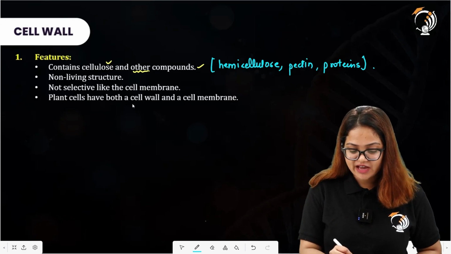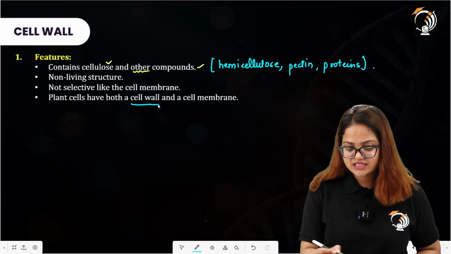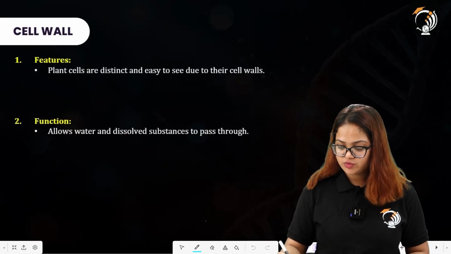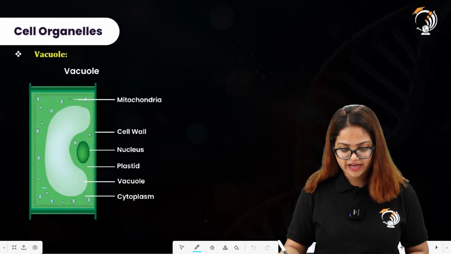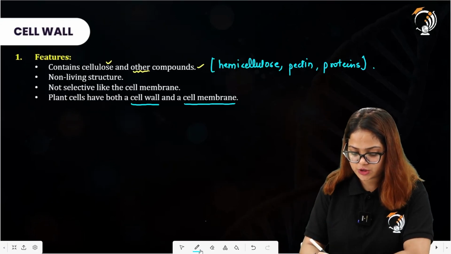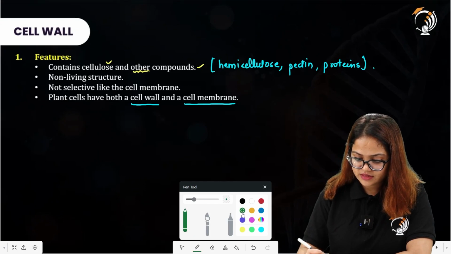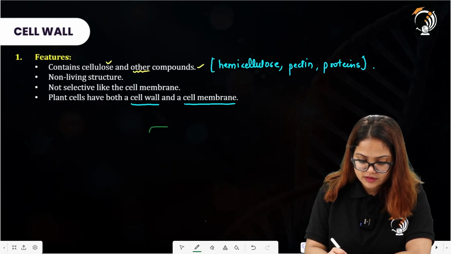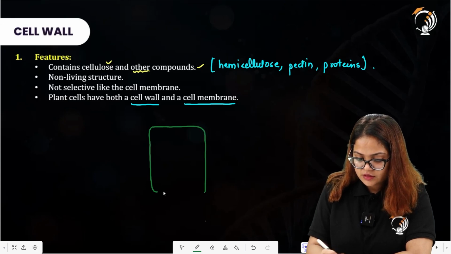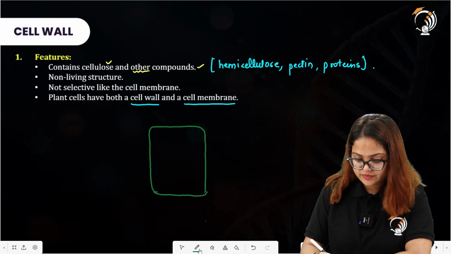Plant cells have both a cell wall and a cell membrane, and we have this structure to make you visualize where the cell wall and the cell membrane are present in a plant cell. But before that, we can also draw this diagram here. So this is a plant cell over here.